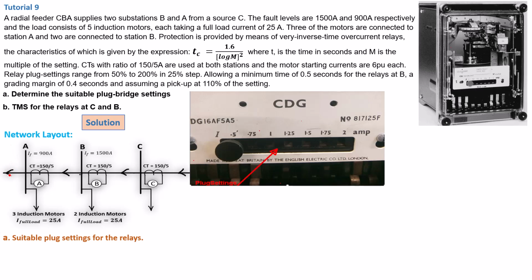So we do not know what's going on on the upstream side of our network layout. So which basically means if we need to calculate the plug setting for this relay based on this problem, we actually can ignore it because we do not have enough information to calculate the plug settings for this relay, because the plug settings are basically informed by the fault current and the load on a specific bus bar that we need to protect. So we're going to ignore the plug setting for relay A.